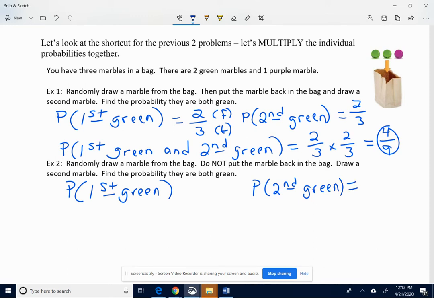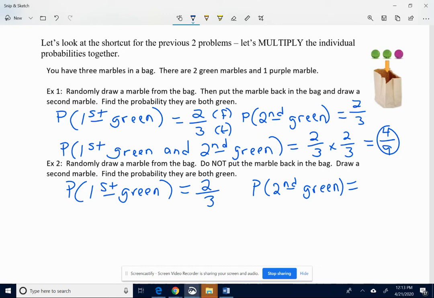The probability of the first green, the original 2 greens and 1 purple, that's going to be 2 favorables, the 2 green, over the 3 total, 2/3. Now keep in mind, we didn't put that green back.